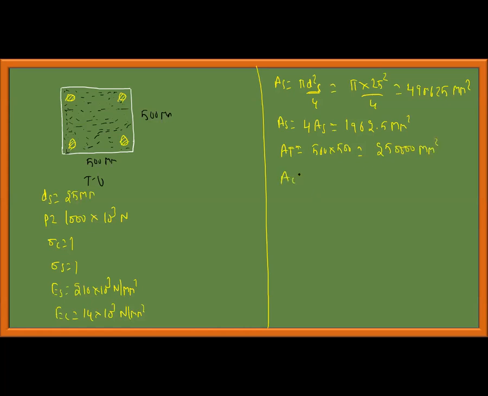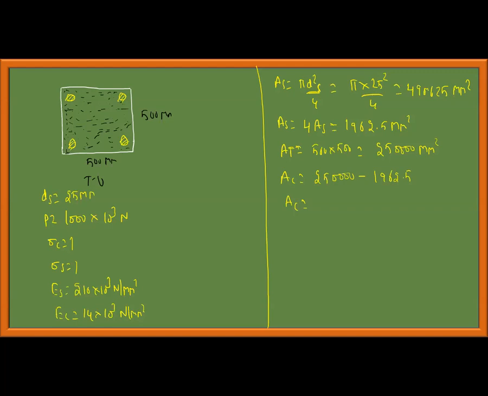Area of concrete is equal to total area minus area of steel. Tell me the area of concrete. Did you understand this logic? We know the area of the entire cross section, and we subtract the steel cross section from that, and we get the area of concrete.